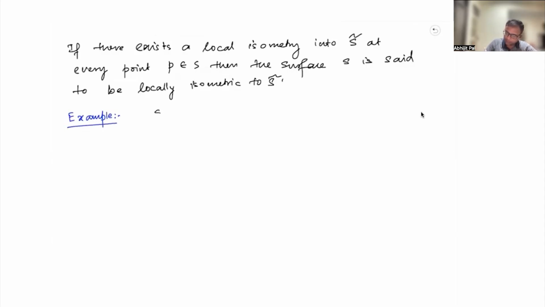If I take the cylinder S1 cross R, this is a cylinder. This is locally isometric to R2.